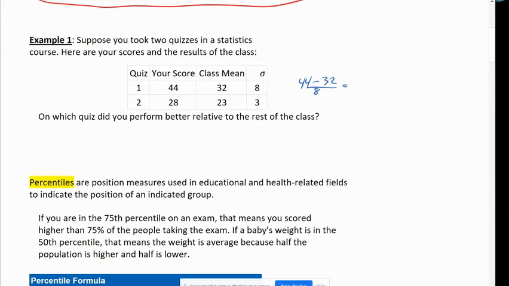So 44 minus 32 is 12, divided by 8 is 1.5. So 1.5 standard deviations above the mean.